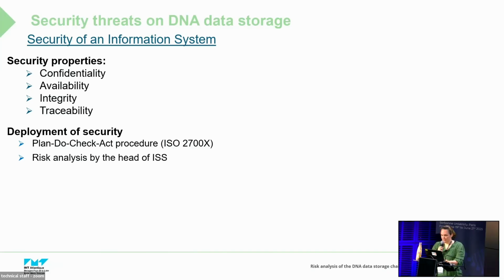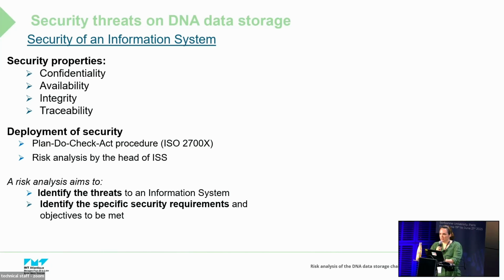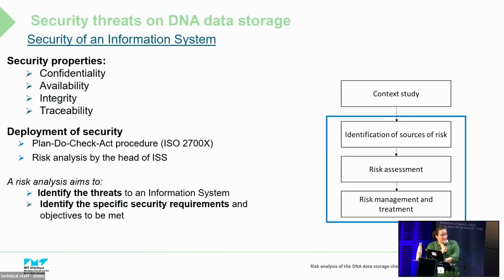Risk analysis is also conducted to first identify the threats on the information system and also to identify the specific security requirements and objectives to be met. A risk analysis usually consists in 4 steps, which are detailed here.